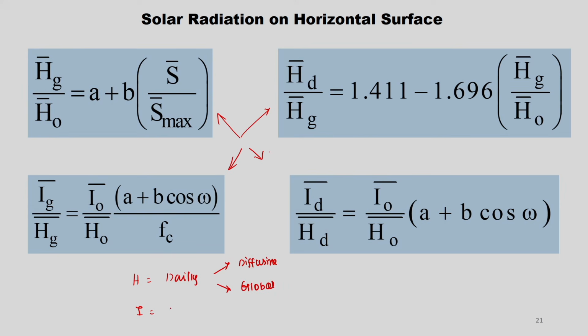I refers to hourly diffusive and global radiation. So, this is D, this is G. This bar refers to the monthly average.